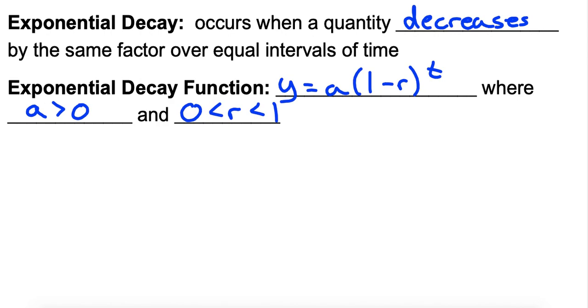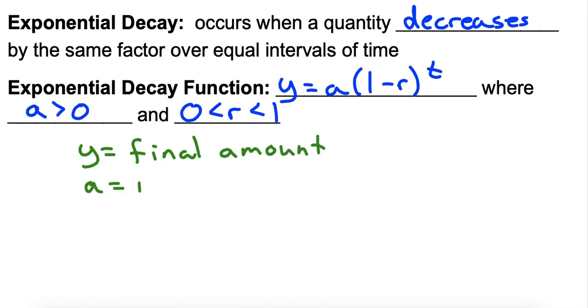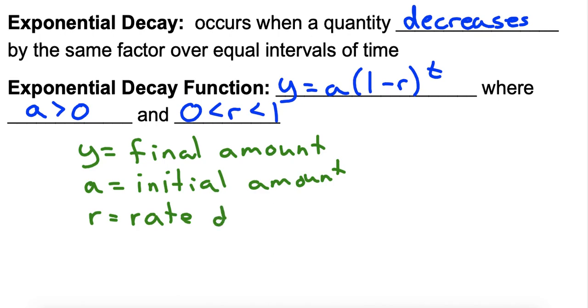So in that formula, just like before, y is that final amount, or ending amount. A is the initial, or starting amount. R, in this case, instead of being growth rate, is our decay rate, or rate of decay.